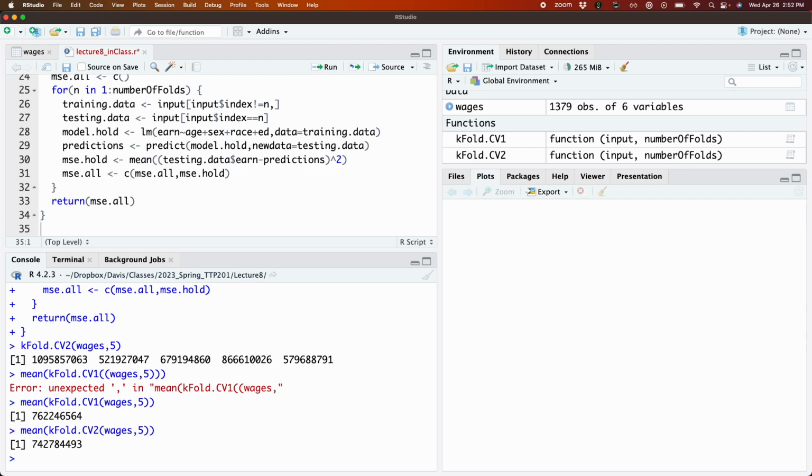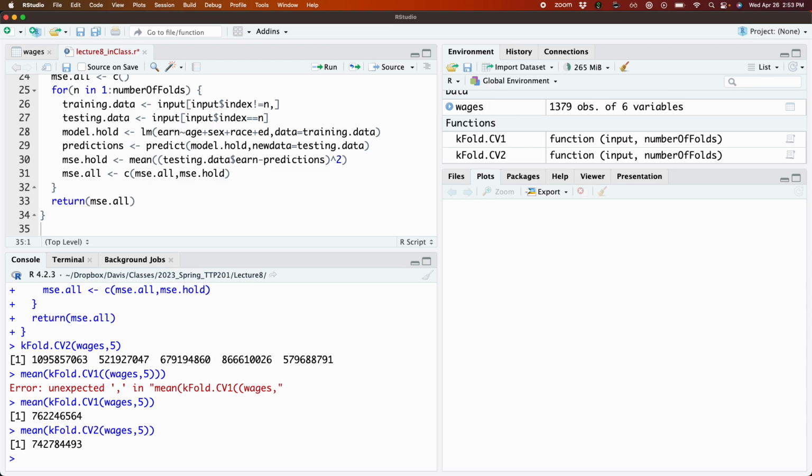Now I have a sort of direct comparison in the strength of my two models. I can say that on average, this one predicts better than this one. And you can do tests of significance to do comparisons. Could you build that mean calculation into the function itself? Yeah, you could. And that would give you that one value, the average across the 5.